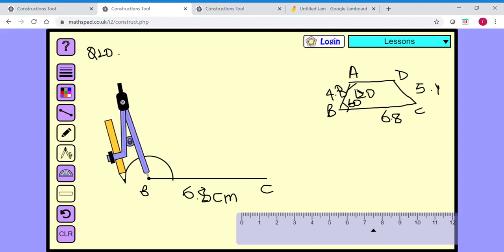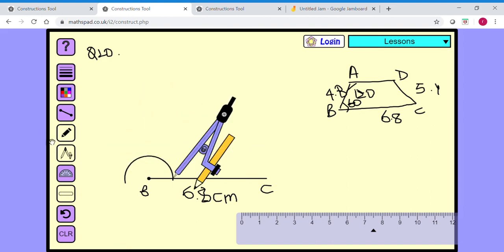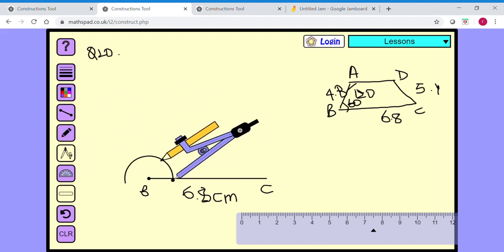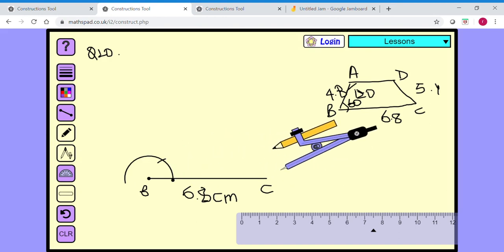Without changing the span, I keep it at the point where it intersects BC and I cut an arc. So this is my 60-degree line, and now that I've got my 60-degree angle, I make a straight line joining this and the 60-degree angle. So here is my line.